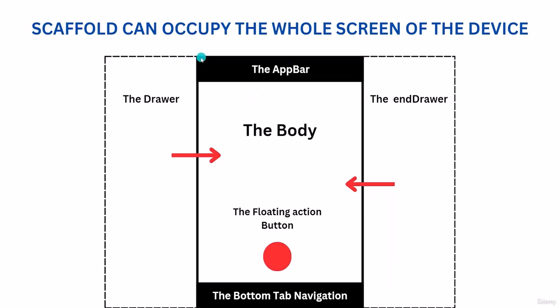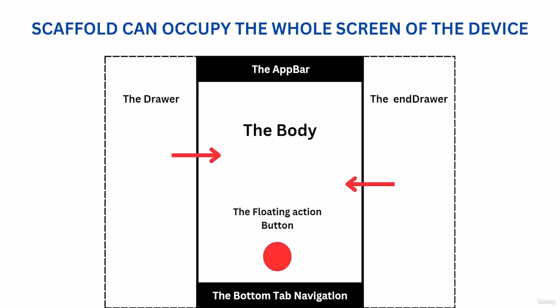On the very top you can add the app bar. On the bottom you can add the bottom tab navigation bar, where there can be different kinds of icons and buttons. Inside, in the center, is the body, where you can add your text.